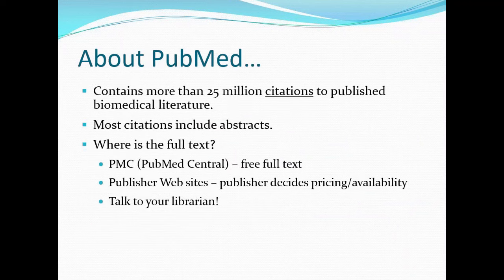There are currently more than 25 million citations to published biomedical literature in PubMed, and most of the citations are for English language articles, and they include abstracts. As I've said, this is a citation database. About 20% of the citations in PubMed link to free full text, either in PMC or at the publisher's website.